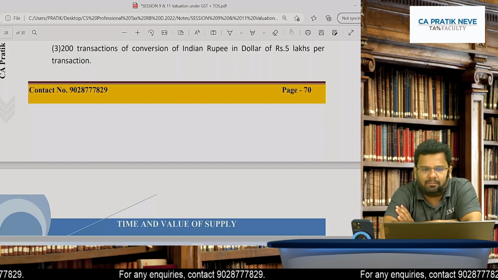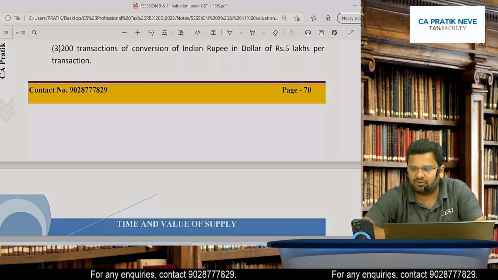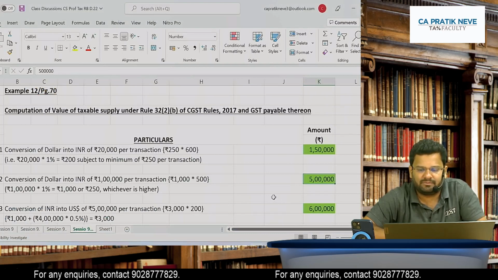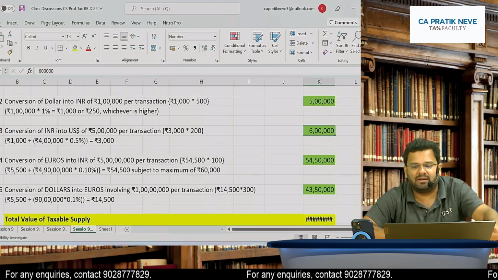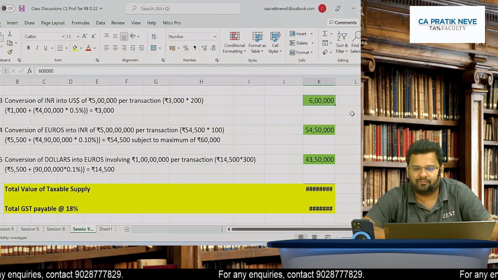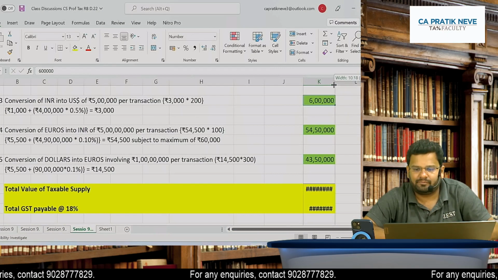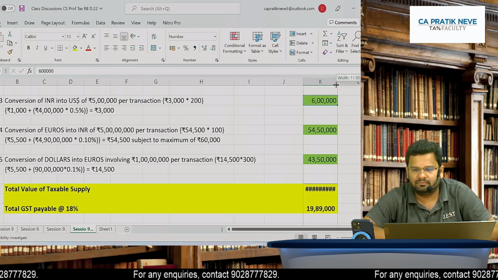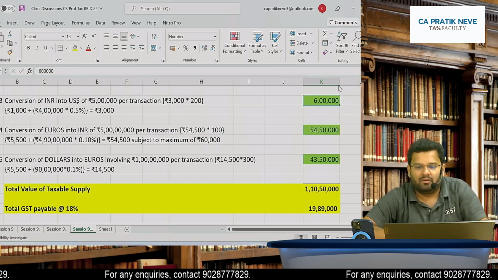So 2000 plus earlier 1000, 3000 rupees into 200 transactions. Check whether you are getting 6 lakh rupees. Yes. Wonderful.